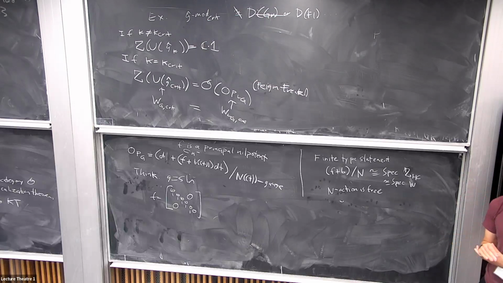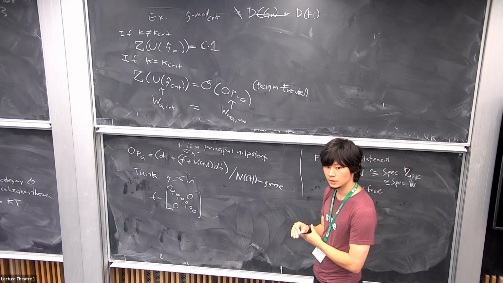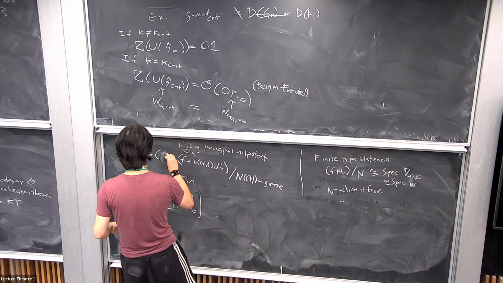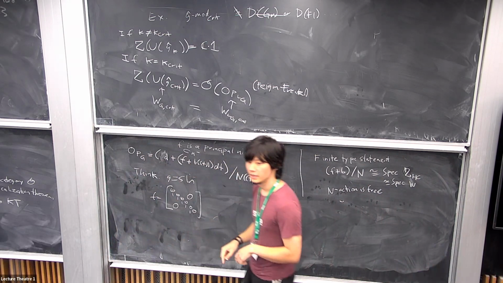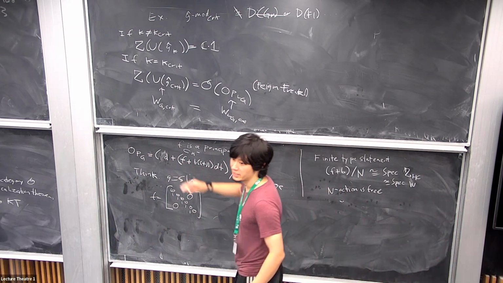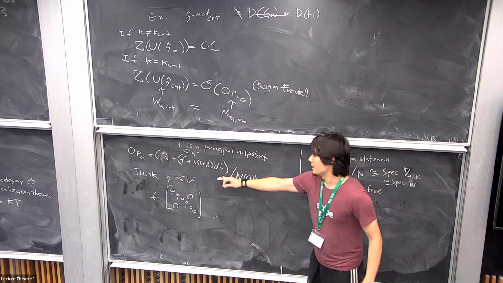Sorry, in your definition of Op_G, what is before the first plus? D. So this is D for derivative. Okay. Thank you. Yeah. So there's some more geometric description of this in terms of G connections, but I'm not worrying about that. Here's the simple explicit form.